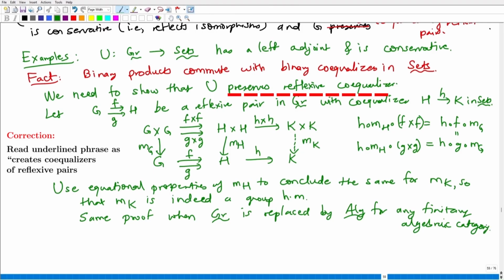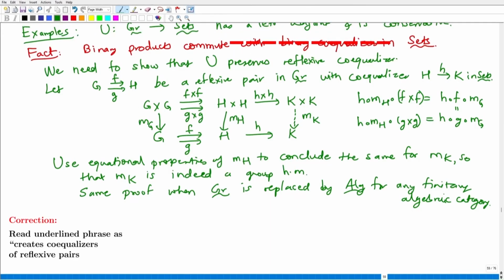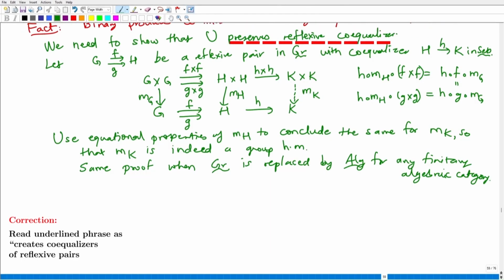Finitary means all the operations should be finitary. For example, complete lattices, we saw that last time, are not finitary because we ask for arbitrary joins and arbitrary meets. Finitary means you are given finitely many inputs and you give one output. Okay.